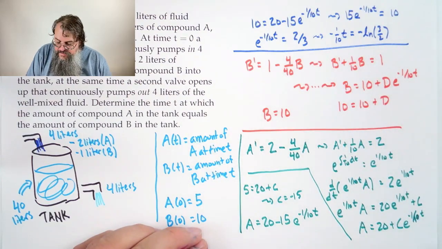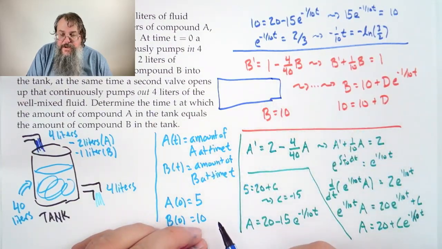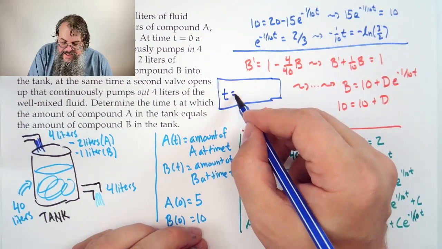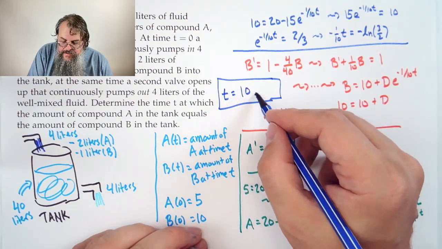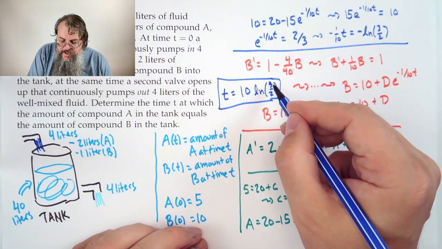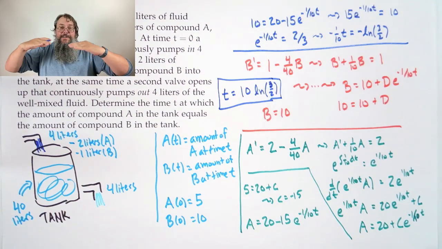And so our final answer, we'll put it here because we're running out of space everywhere else, is that at time t equals 10 times the natural log of 3/2, lo and behold, that is the instant in time when the amount of A equals the amount of B.